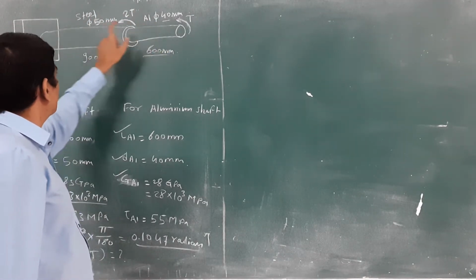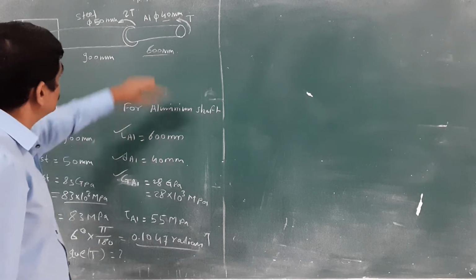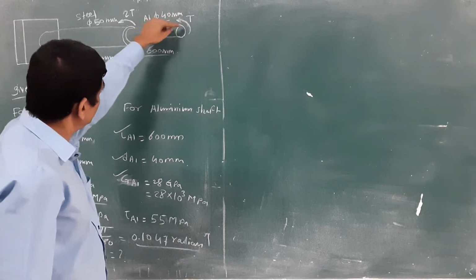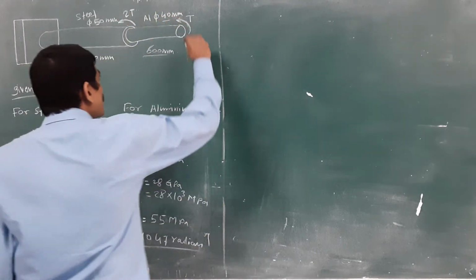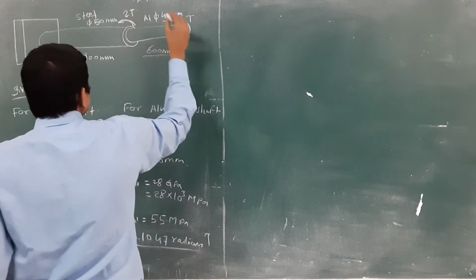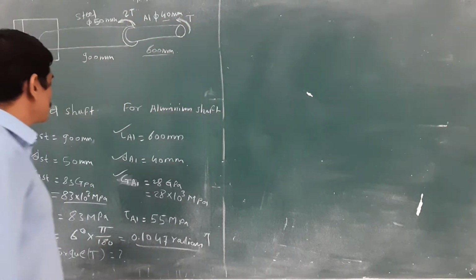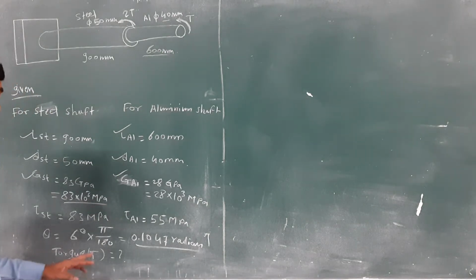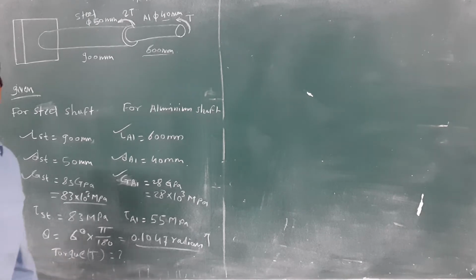Aluminium shaft, steel shaft, as well as when you add the couple, or we can say the torque in the anti-clockwise direction on the steel as well as aluminium shaft, then how much torque is induced? We want to choose the safe value.